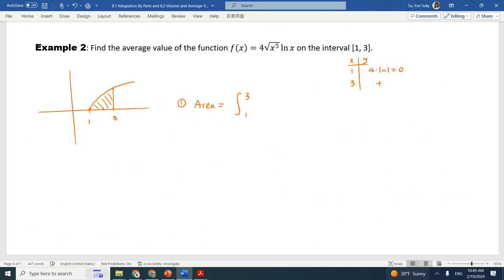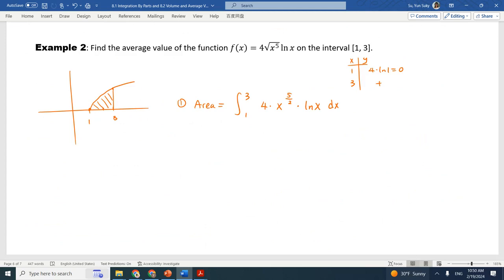X is from 1 to 3, and 4. Okay, this is x to the what power? 5 power. Very good. Times natural log of x dx.